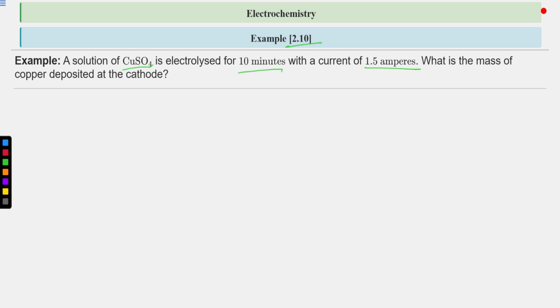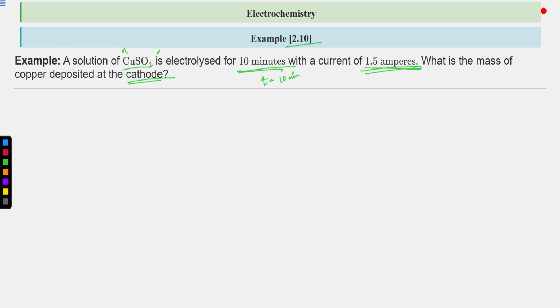So we have a solution of copper sulfate, and we are electrolyzing it for 10 minutes. T will be 10 minutes, which we will convert into seconds, and the current is 1.5 amperes. You have to tell what is the mass of the copper deposited at the cathode.